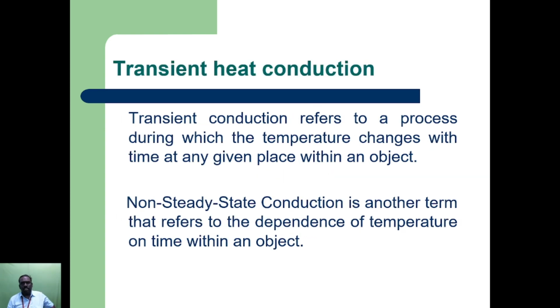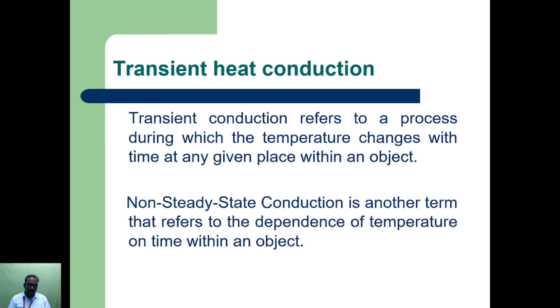Now we are going to discuss the third stage, transient heat conduction. In the morning we discussed the first topics: the modes of heat transfer, conduction, convection, radiation. Conduction is by Fourier's law, convection by Newton's law, and radiation by Stefan-Boltzmann law.